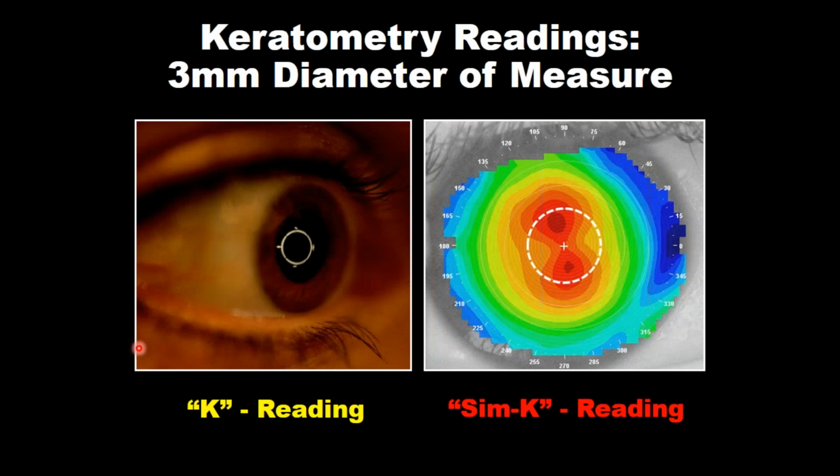And when we consider the diameter of measure of K readings, it sure makes sense that we're getting a fairly limited amount of information to begin the construction of any lens. Of course, depending on how steep or flat the eye is, the keratometer or the Sim-K reading is going to estimate a diameter of about 3 millimeters, and it gives us nothing inside of 3 millimeters and nothing outside of 3 millimeters.